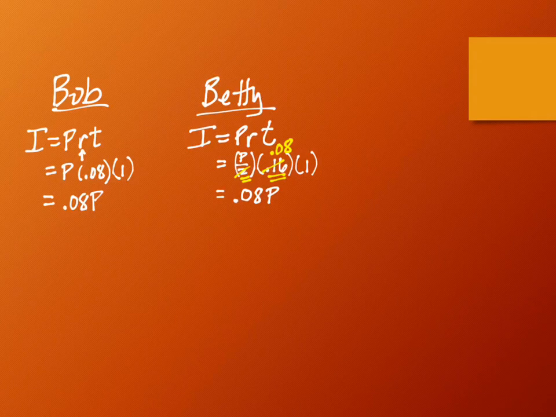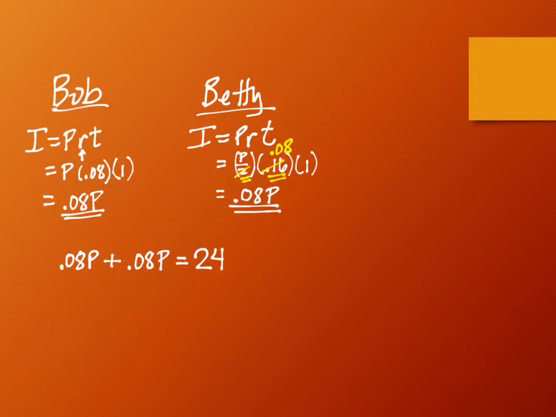However, it does say that at the end of the year, Bob made 24 bucks, right? So this is how much money, whatever it is, that he got from Betty, and this is how much he got from Bob. So he got 0.08 P from Bob, and he got 0.08 P from Betty, and it equals 24 bucks.